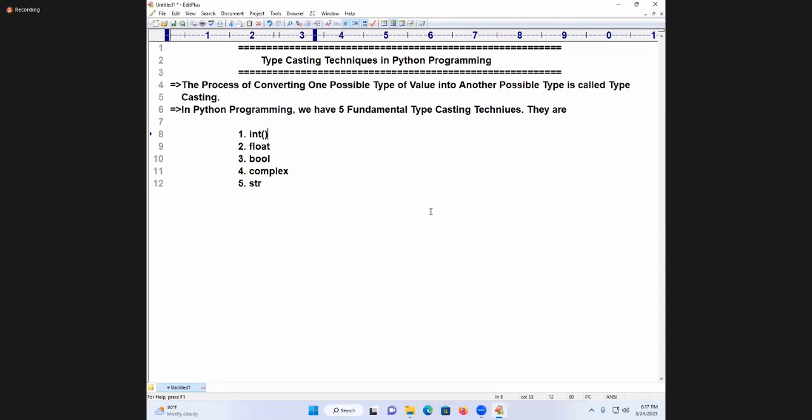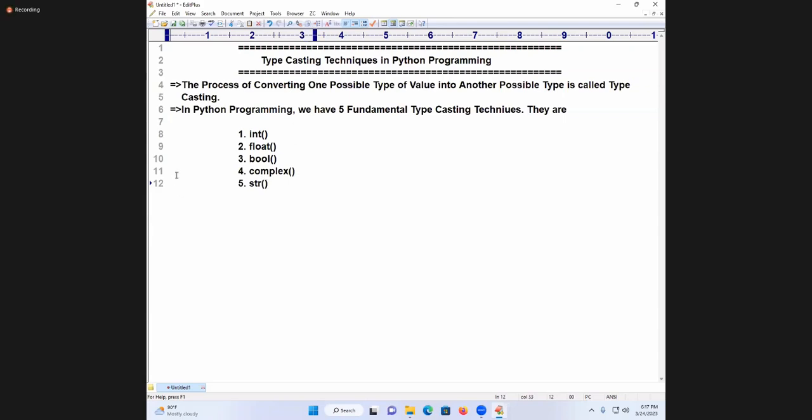It is a function name, and its use is performing the operation. int() will convert float to int, bool to int, complex to int, str to int. Next is called what? Come on, start. float(). Spell out, float(). Next, bool(). Next.